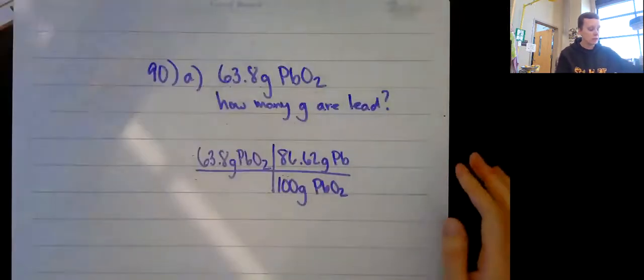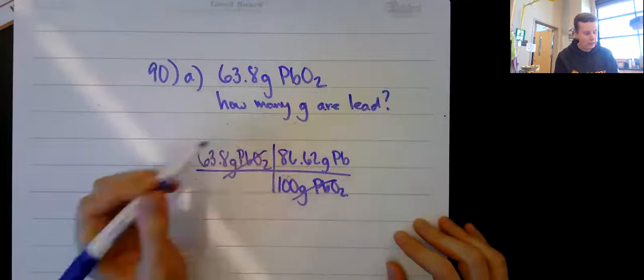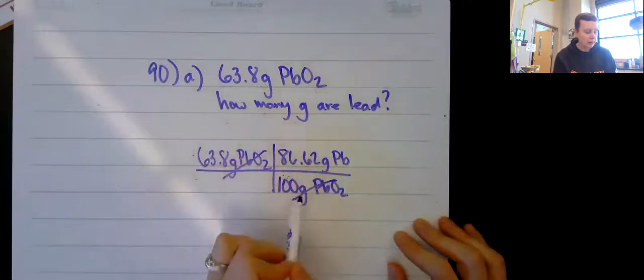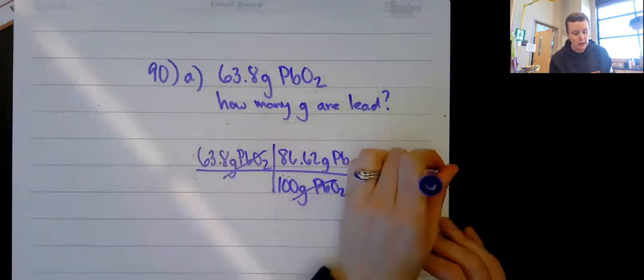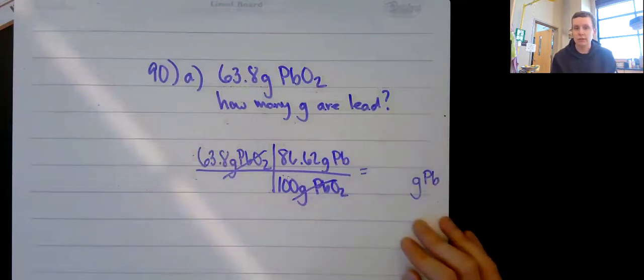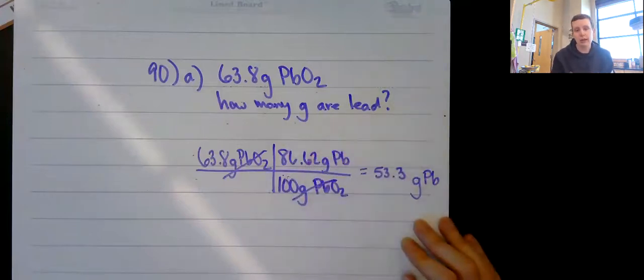All right. So once I do this, my grams of PbO2 will cancel. And when I multiply, divide by 100, I'm going to end up with grams of lead as my units for the answer, which is what I'm looking for. So that's good. Okay. So when we multiply this across, divide by 100, we're going to end up with 53.3 grams of lead.